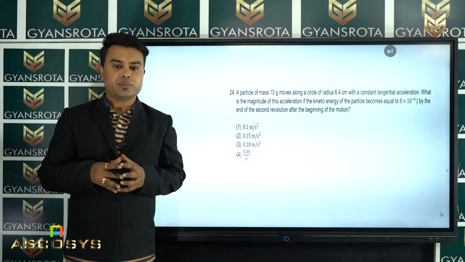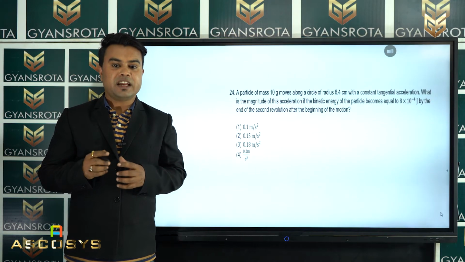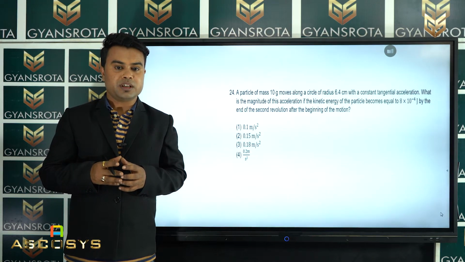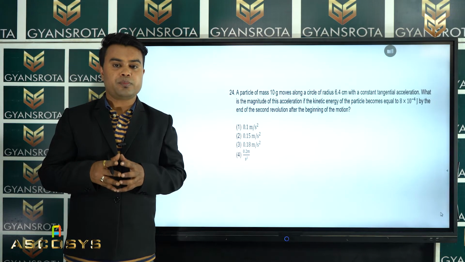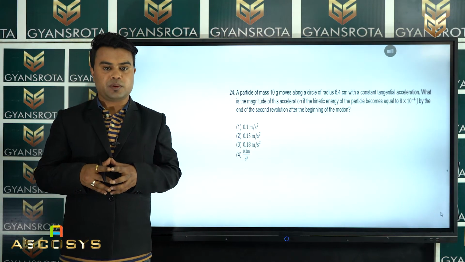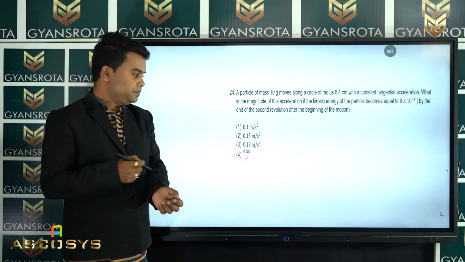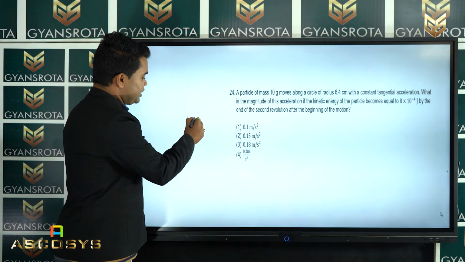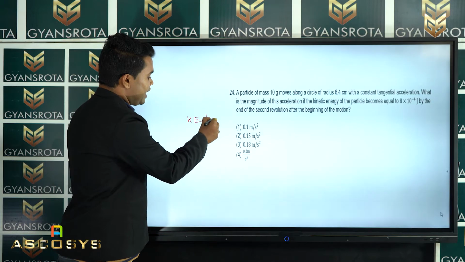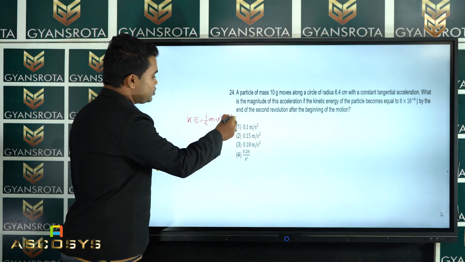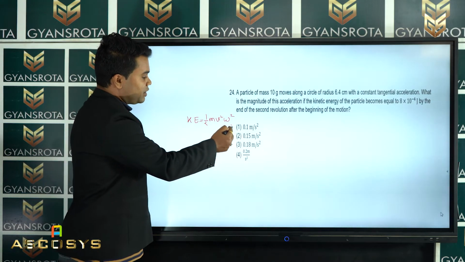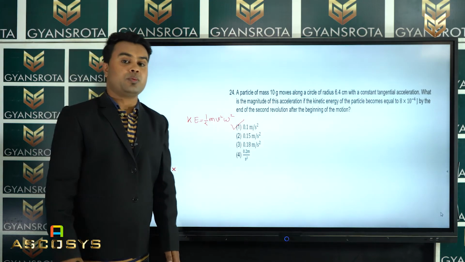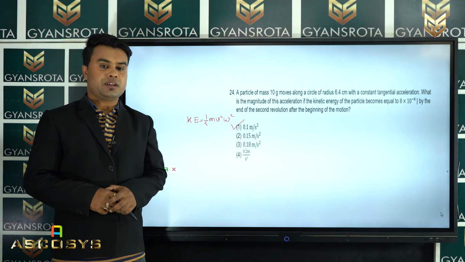This is a question where you have to analyze it nicely. Kinetic energy is given to you, you need to calculate the acceleration. The formula goes this way: kinetic energy can be written as half m v square. If you use this formula, you will see that your final answer comes out to be option number 1, that is 0.1 meter per second square.